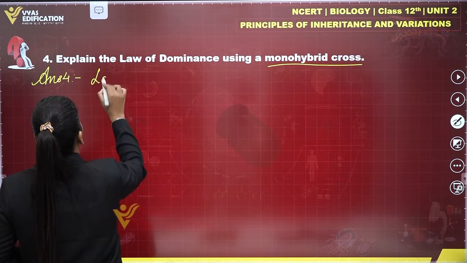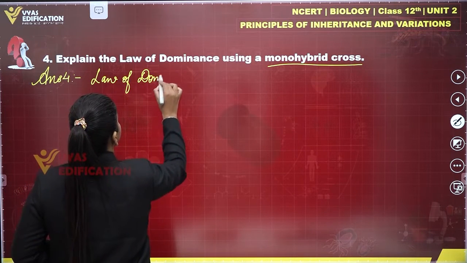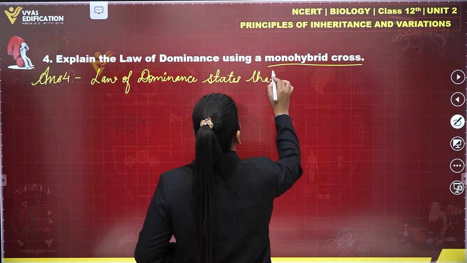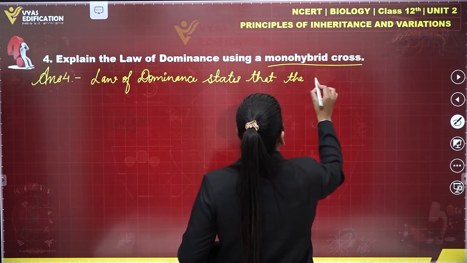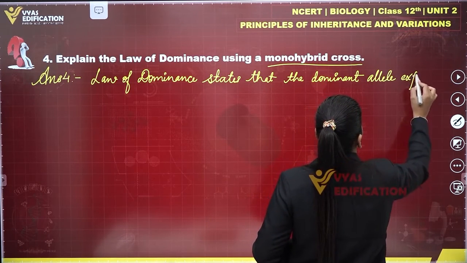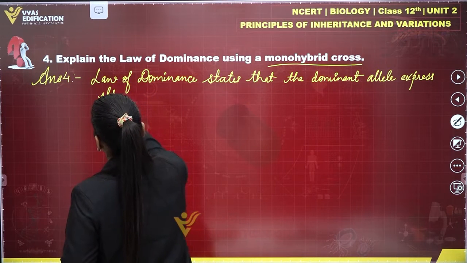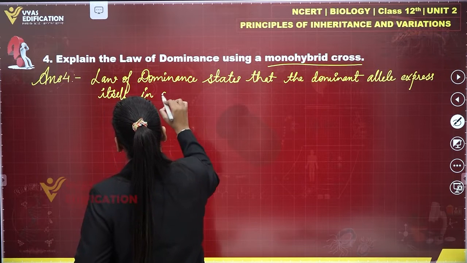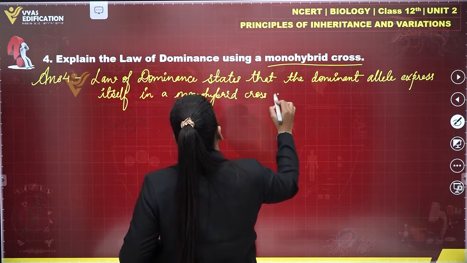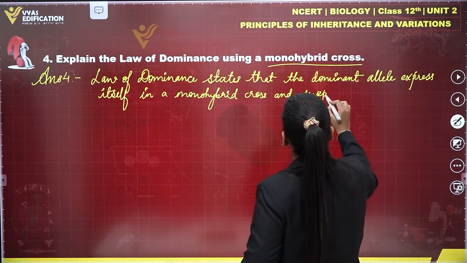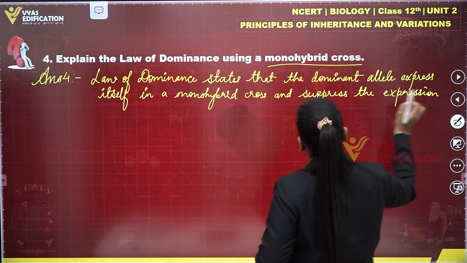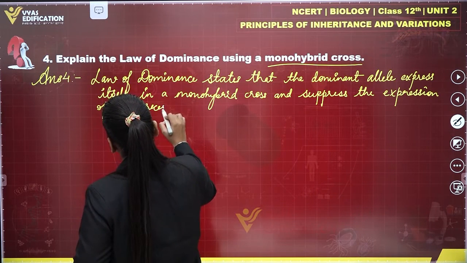So first of all, the law of dominance states that the dominant allele expresses itself in a monohybrid cross and suppresses the expression of a recessive allele.